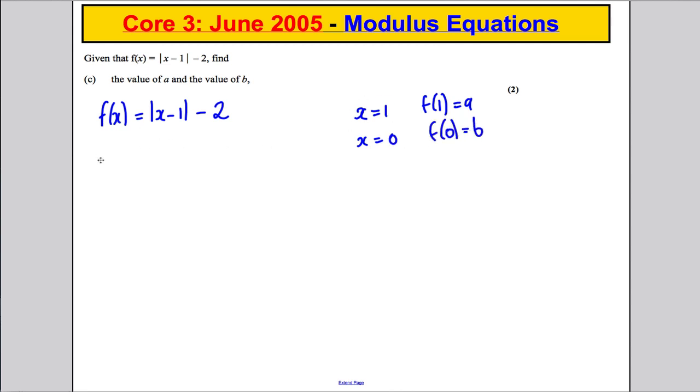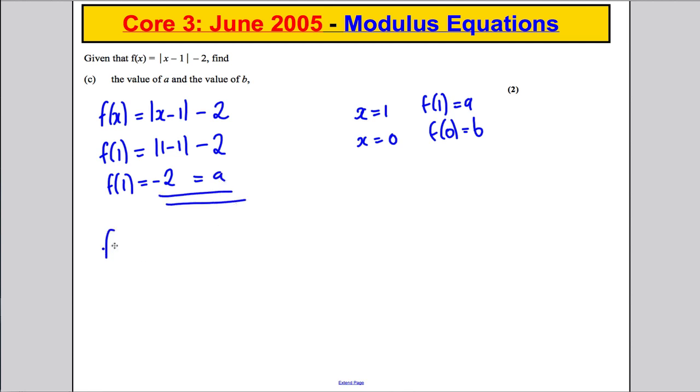So therefore, substituting in, f of 1 is the modulus of 1 subtract 1, subtract 2, this is 0, so f of 1 is -2, and that is equal to a, so a is equal to -2. And f of 0 is the modulus of -1 subtract 2, the modulus of -1 is 1, 1 subtract 2 is -1, and this therefore is equal to b, so b is -1.